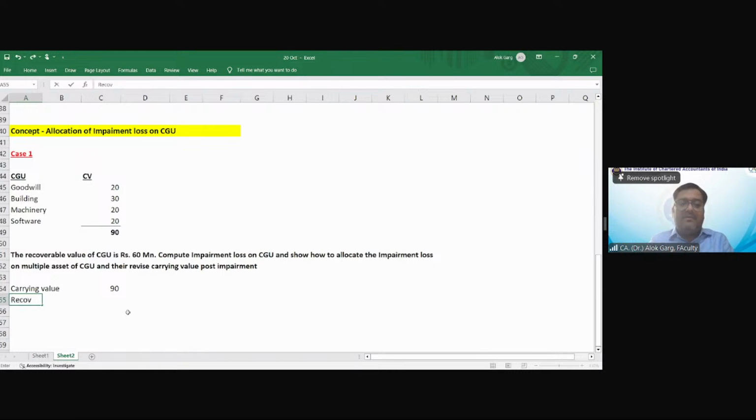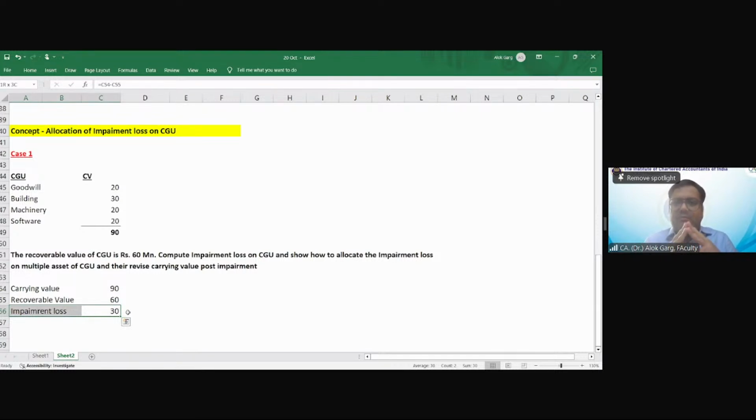What is my recoverable value? It is 60 million. What is the impairment loss? 30 million is the impairment loss. I think this is clear to everyone.